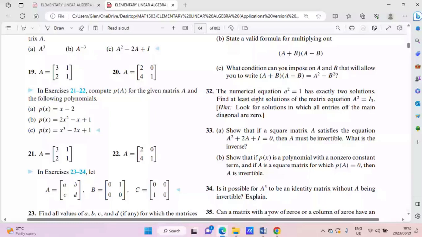And 4 minus 0 plus 0 is 4, but I can't locate where the problem is. I'm still trying to figure it out. Why is it not 0? There's something wrong I did with the multiplication of the matrix.